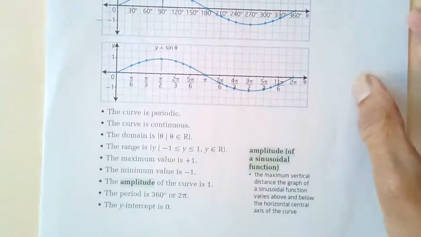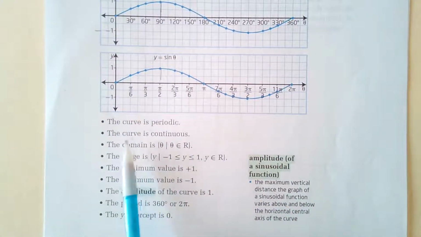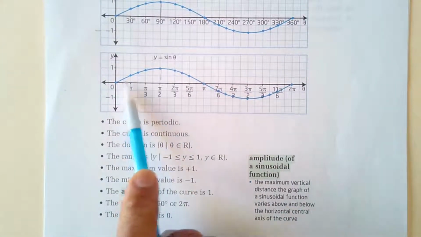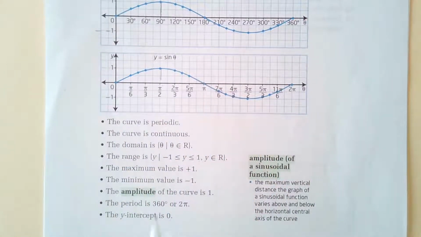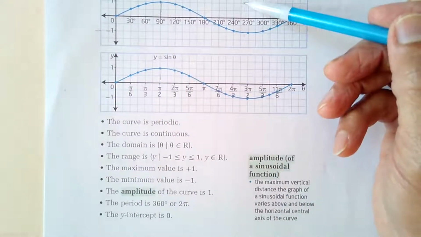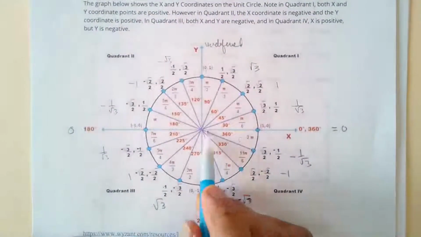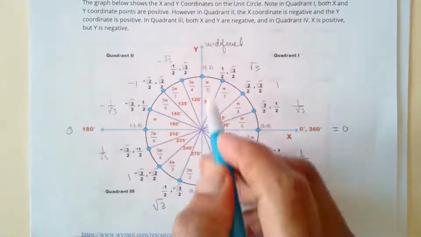So these are the characteristics we looked at earlier. The curve is periodic. The curve is continuous because it is a cycle. The range is from -1 to 1 because we're looking at the unit circle of radius 1.